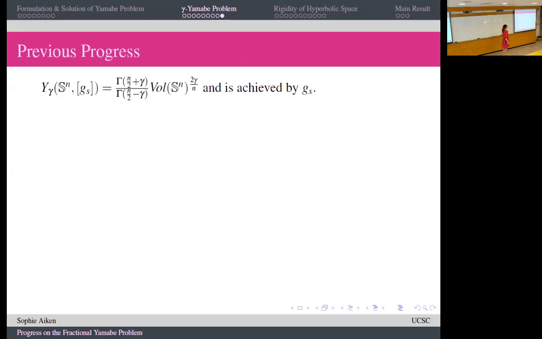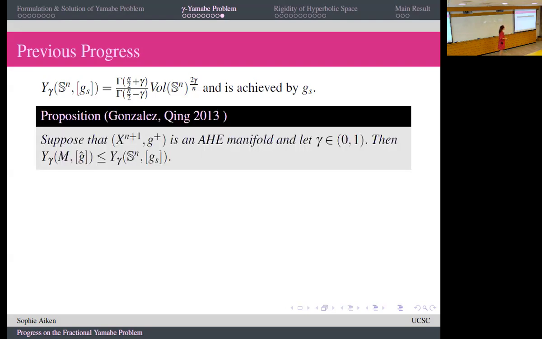Okay, so some previous progress that has been made on this problem. Again, we know that the fractional Yamabe constant of the sphere is achieved by the standard round metric, and is equal to a constant times the volume to a correct power. It was just 2 over n, now it's 2 gamma over n.